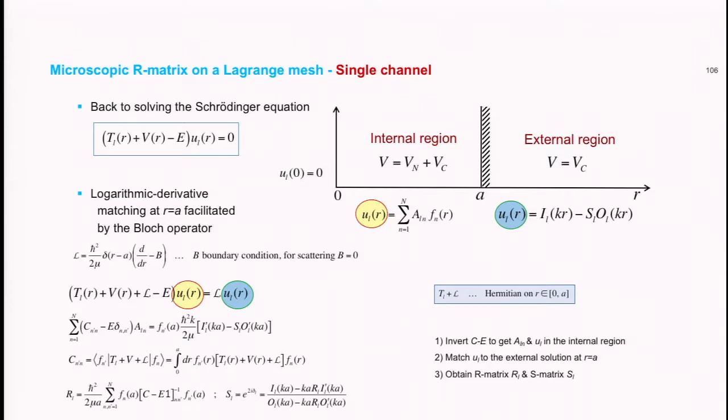So now I will rewrite my equation, T plus V minus E, adding this Bloch operator that helps me match the wave function. Let's call it L.